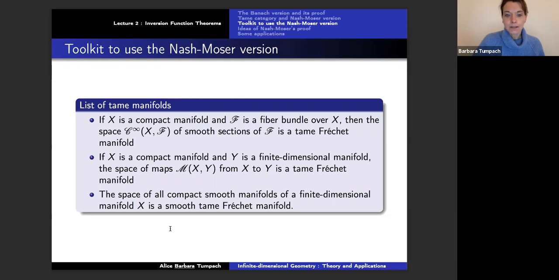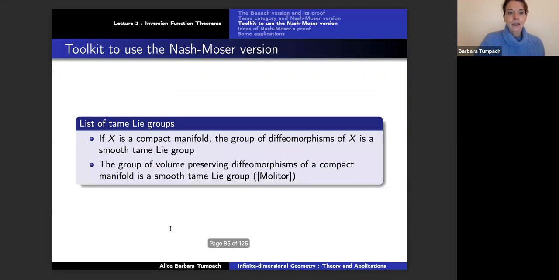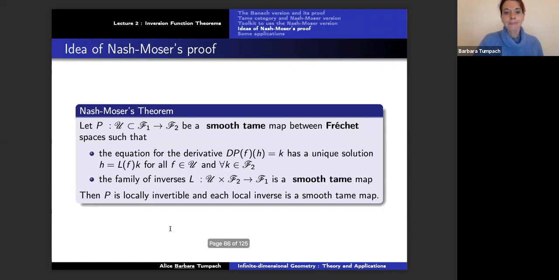And the space of all smooth maps into a finite dimensional manifold is also Tame. So we have a list of Tame spaces, and then we can build other Tame spaces using this. I'll give also a list of Tame Lie groups. The group of diffeomorphisms of a compact manifold is Tame. The group of volume-preserving diffeomorphisms of a compact manifold is Tame. I give a reference for this second statement.